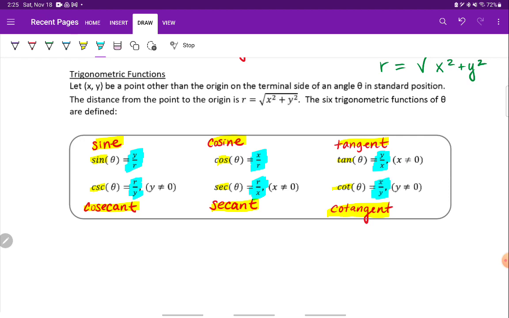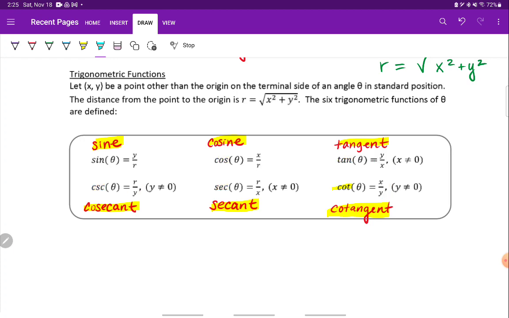Now, something to help you remember, because I always pair them up in the same way. Sine, cosine, and tangent are our main three. We use those three trigonometric functions far more than we use the other ones. So I always put them right in a row.